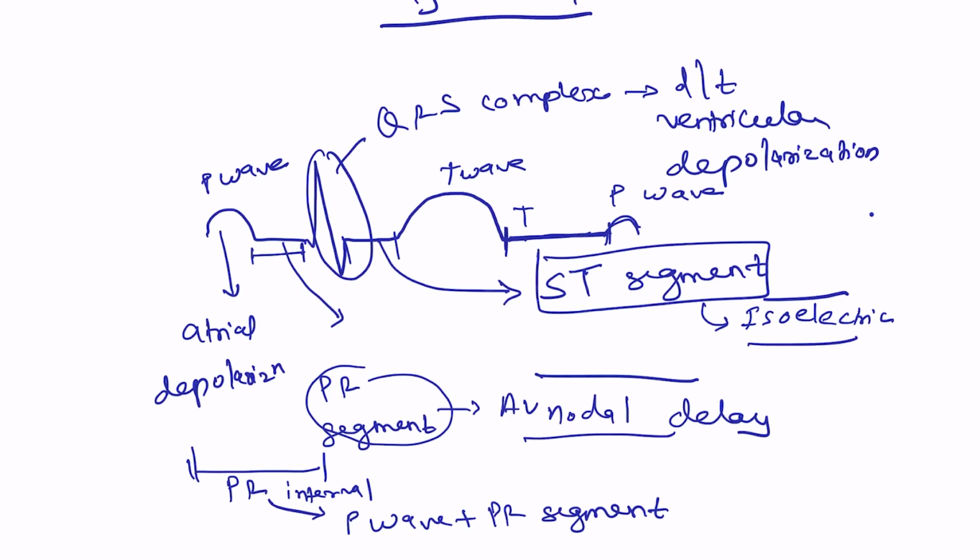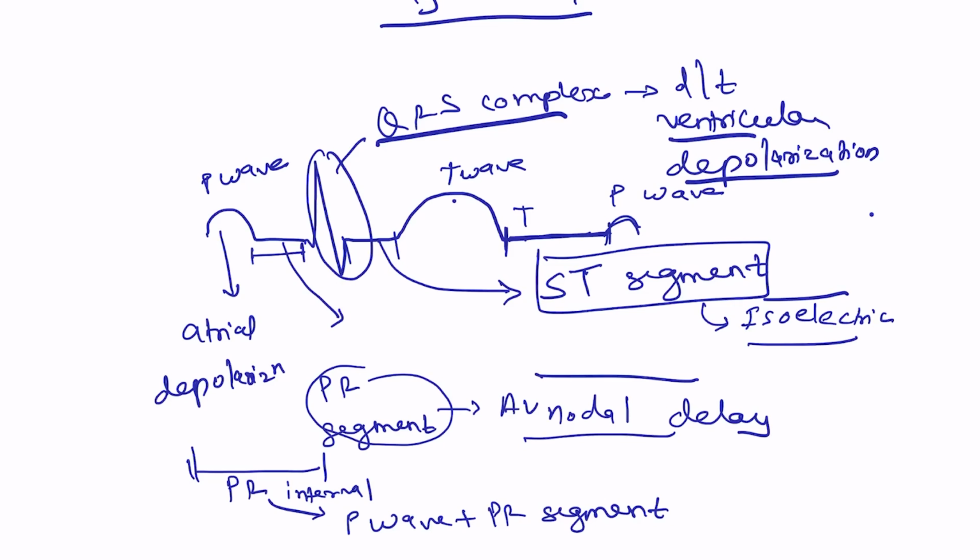The ST segment is the time after the QRS, which is due to ventricular depolarization, when contraction of the ventricle starts. During this time there is no electrical activity, the heart is just mechanically contracting, there is no change in electrical voltages across the heart, so we get an isoelectric segment.